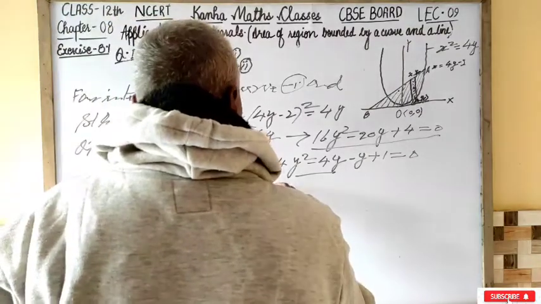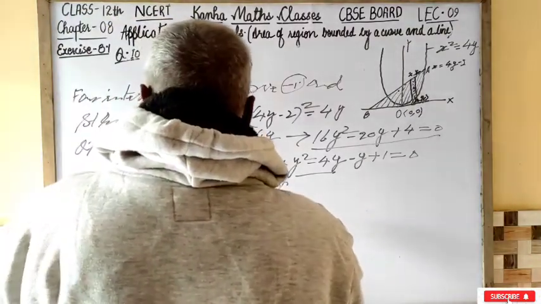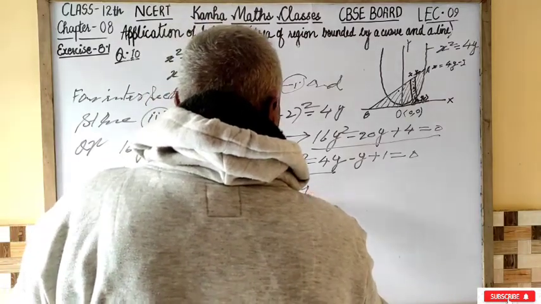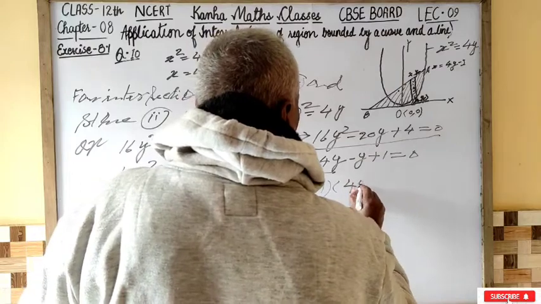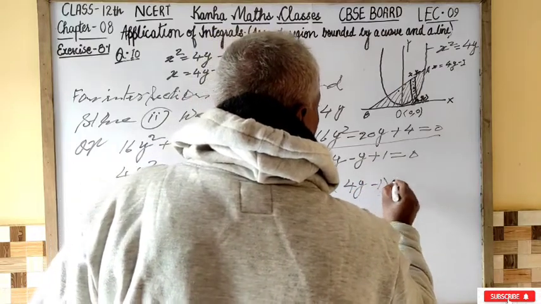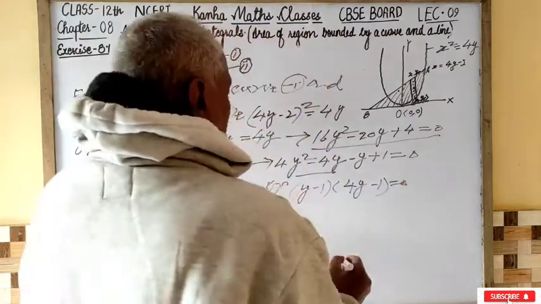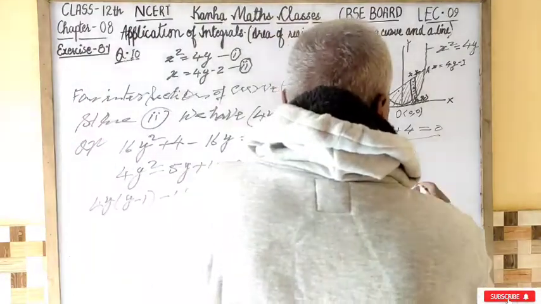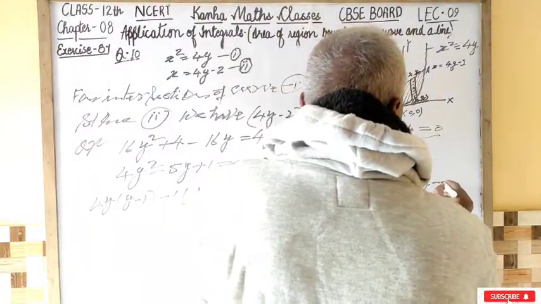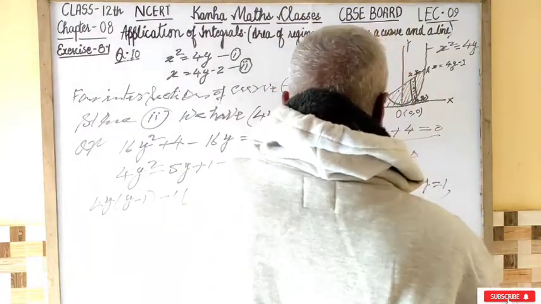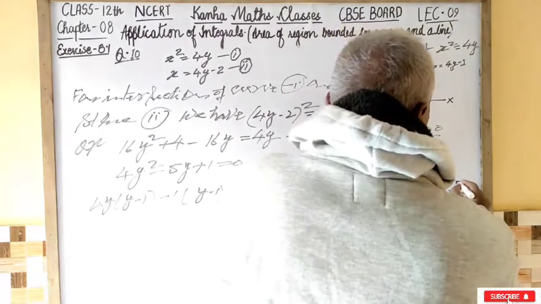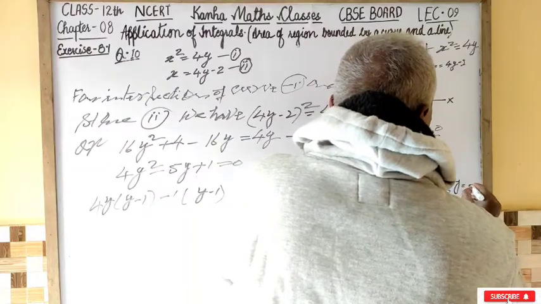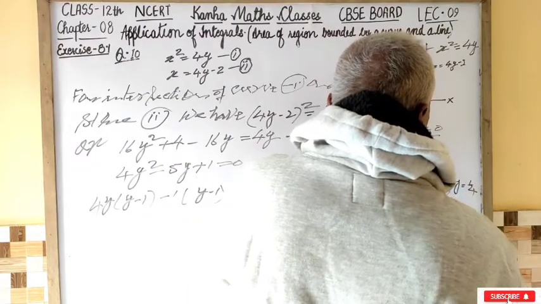Or y minus 1 into 4y minus 1 is equal to 0. It means y is equal to 1, and the other value will be from 4y minus 1 is equal to 0, means y is equal to 1 by 4.